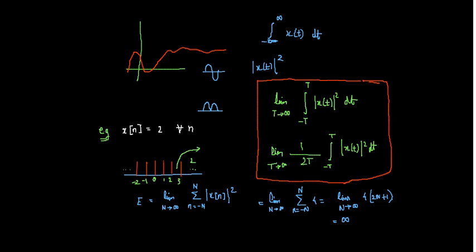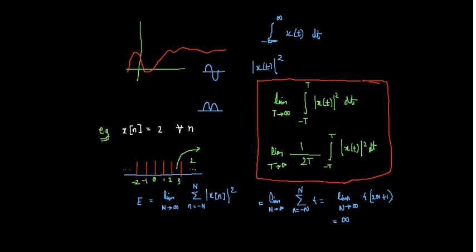So energy is infinite. Does that make sense? Yes, because this amplitude is never ending. From minus infinity to infinity, it is constant. If I go on squaring each and every amplitude at each and every instance and go on adding, of course it would end up in infinity. That's true.